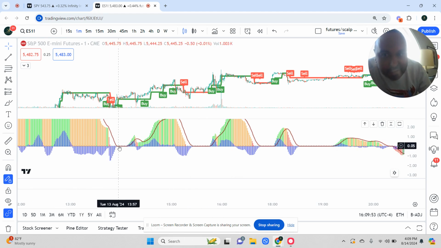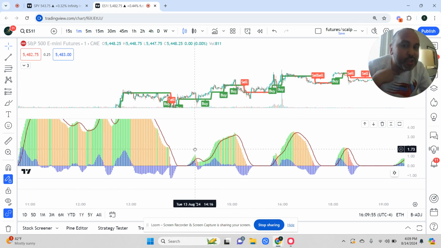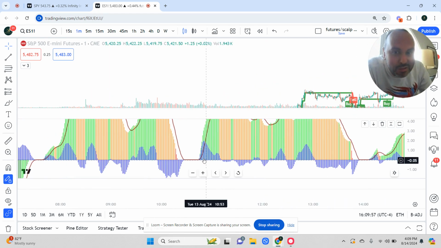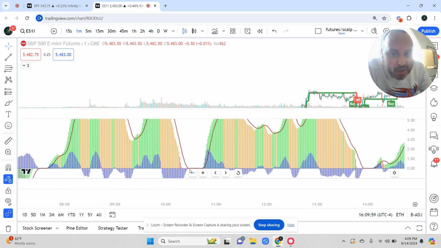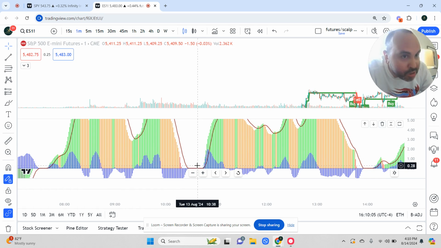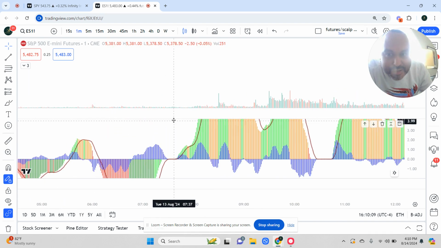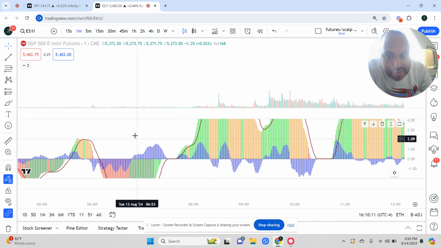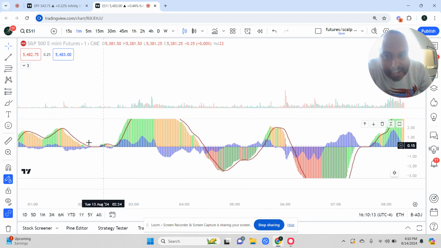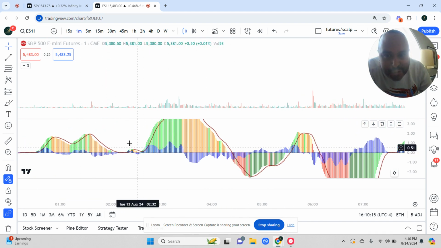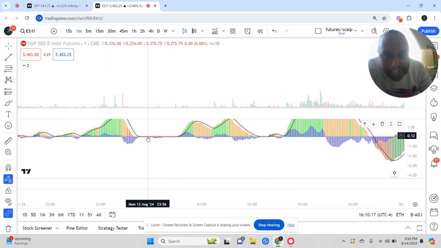So generally, it's going to break after a small consolidation period, and it's going to break to the upside. How many has that been now where you're breaking to the upside?